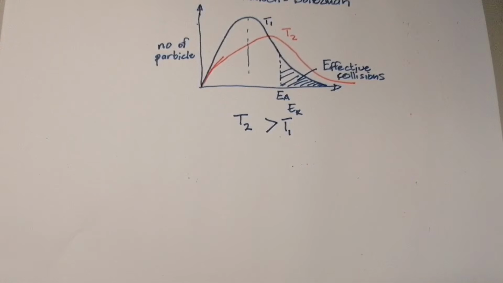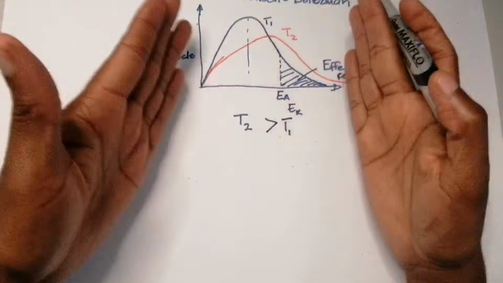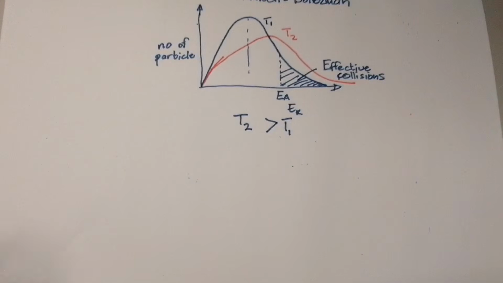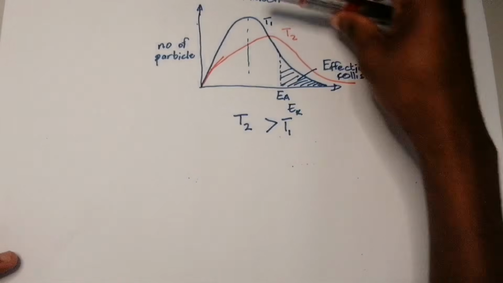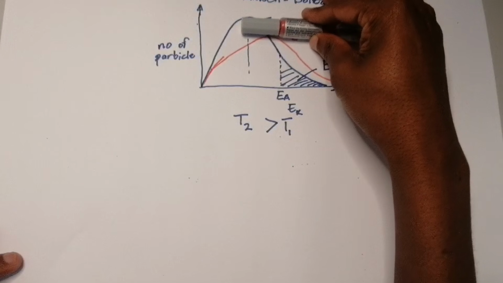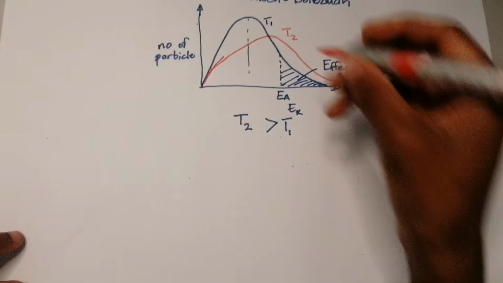Now, what happens to the distribution? Well, the distribution widens. First of all, your graph gets wider, and notice the peak of that curve got lower. Sorry that my graph is not really the best.